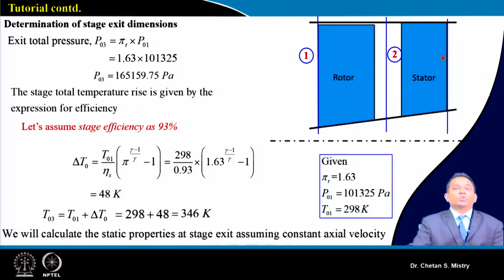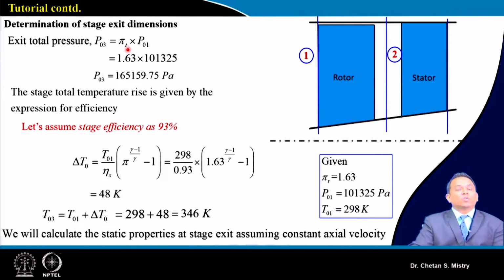Our pressure ratio is given as 1.63, and our inlet pressure is 101.325 kilopascal. Based on that we can calculate our exit total pressure. From fundamentals, for a per stage configuration we need to correlate with the rise of temperature. This temperature rise helps us calculate the total temperature at the exit.